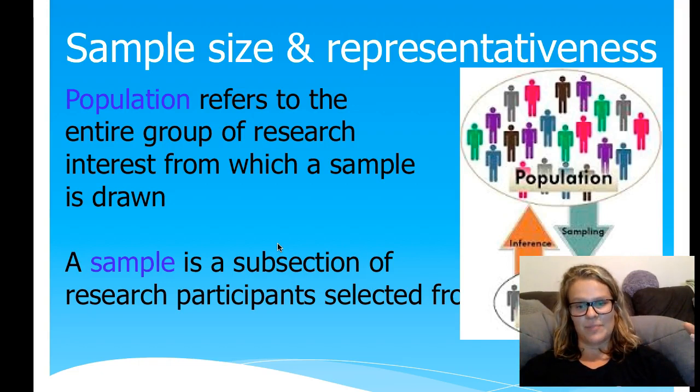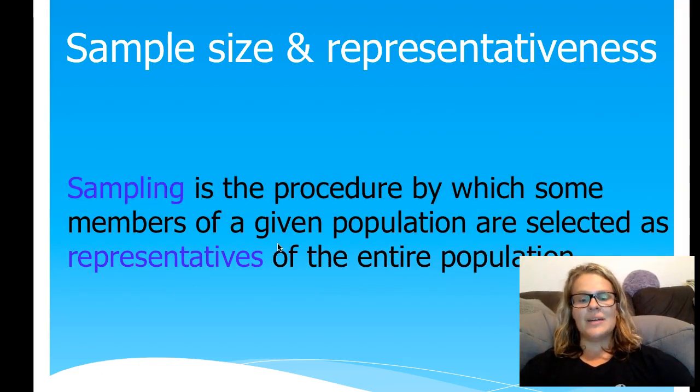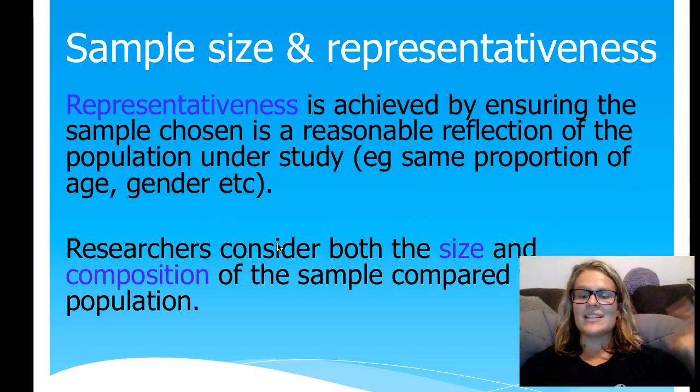So the sample would be you guys. Our whole population is senior students in the Riverland. Our sample are you. So you guys are now the representatives of that entire population. And what we need to figure out is whether you are representative of that whole population.